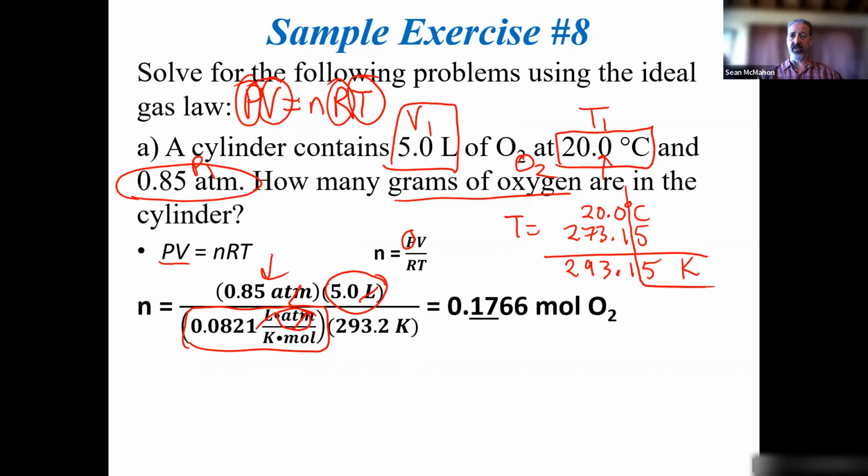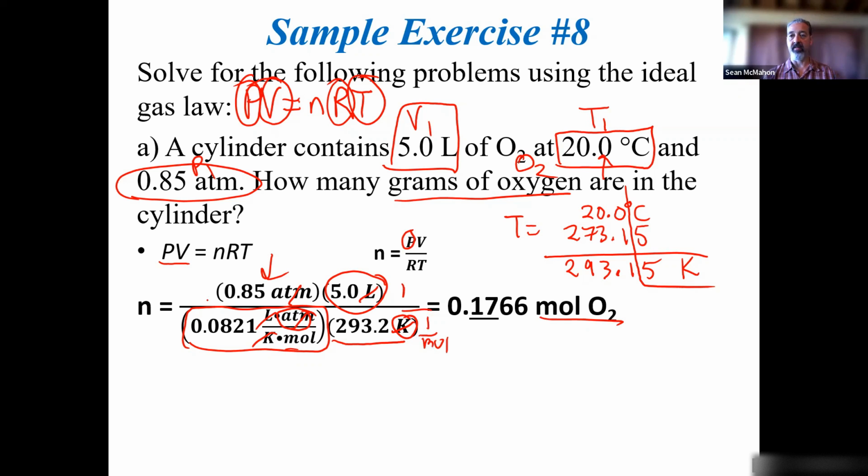Because in the hundredths place there's a 5, I'm going to round up, and that's where I got 293.2 Kelvin. So now the Kelvin cancel, and I'm left with basically 1 over 1 mole for a unit. So my unit's mole, but when I plug in the numbers, I get 0.1766 moles of O2.